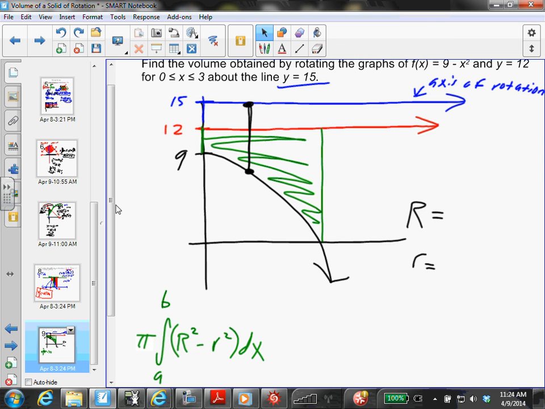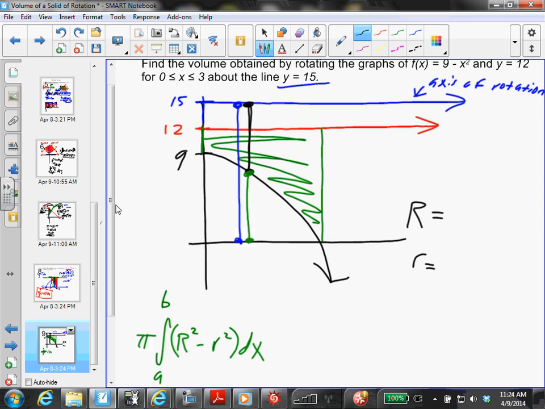Well, much like I did with the last problem, the distance from the x-axis to my axis of rotation is just always 15, right? It's always 15. And the distance from the x-axis to the curve is always whatever the function is. So you can see here again, if I want to get this black line, which is the distance from my axis of rotation to my farthest curve, so it's my large radius, it would just be the 15, which is the blue line, and it stays consistent at 15.